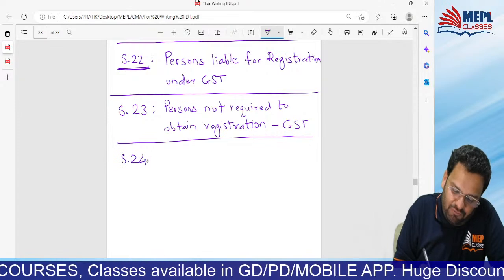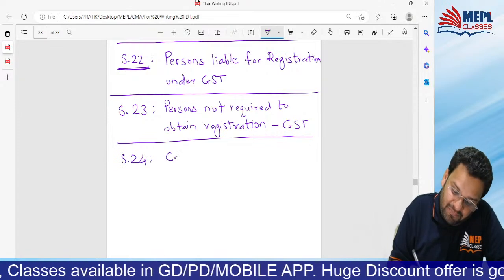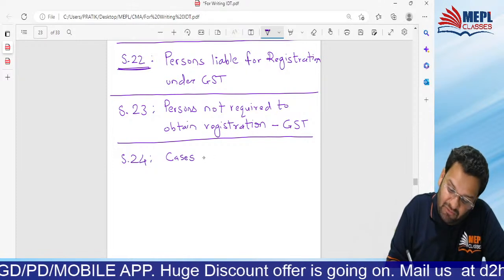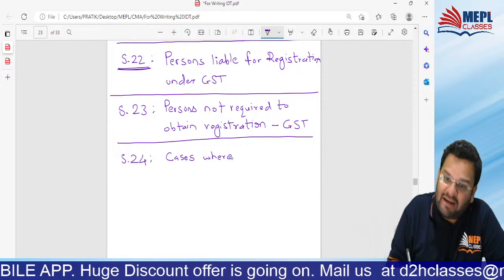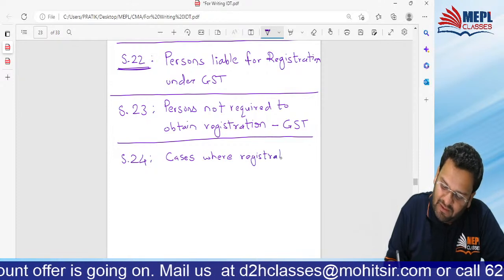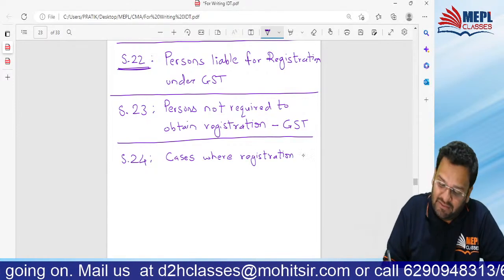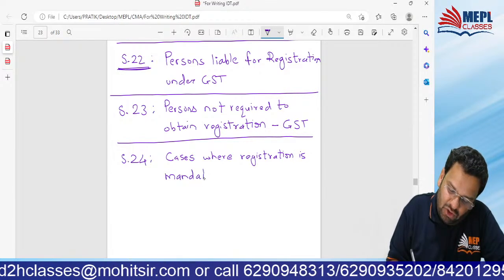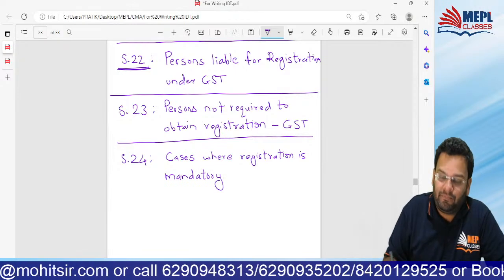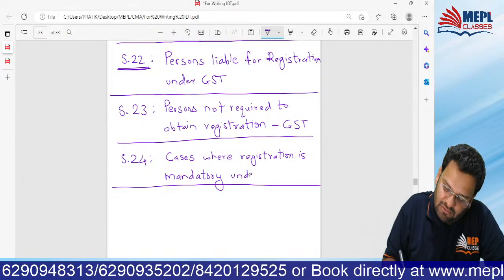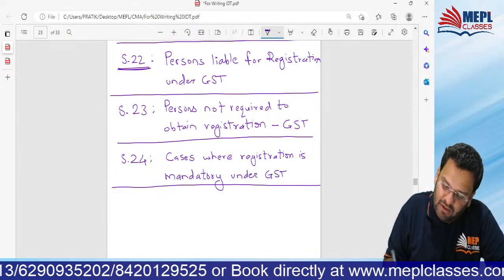Section 24 is cases where registration is mandatory. In this you will find 12 cases under GST.